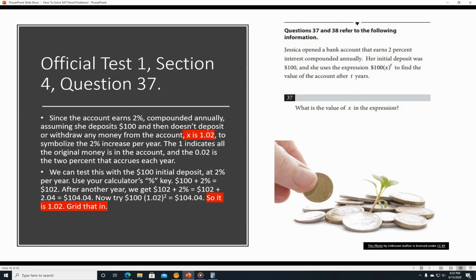I didn't round Tyshawn's there, so that's going to be 6.11. Or we can round them both before and just go 128.01 minus 121.90. You get $6.11. So that's the answer, grid in 6.11.